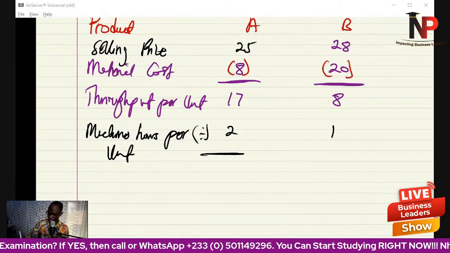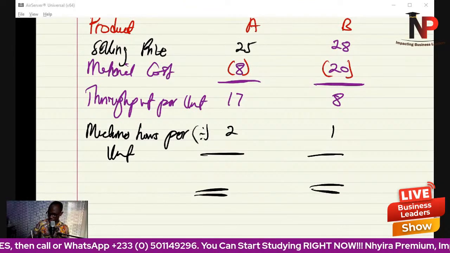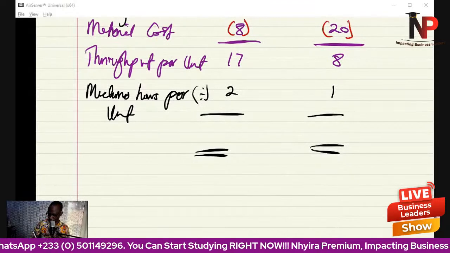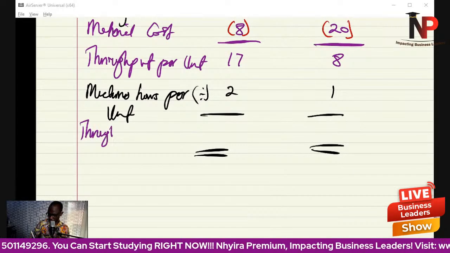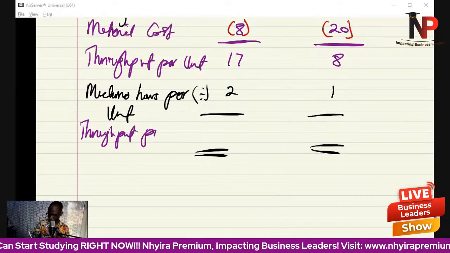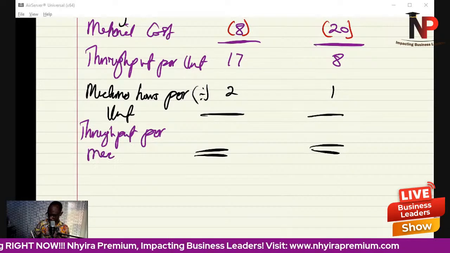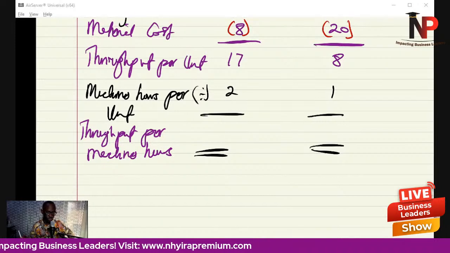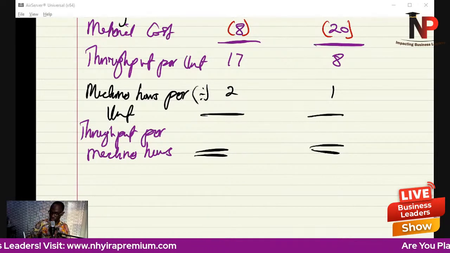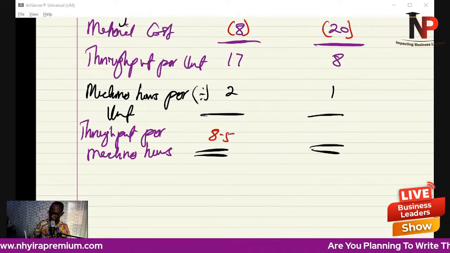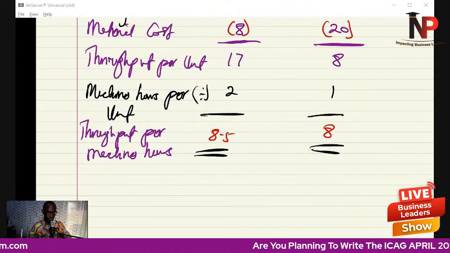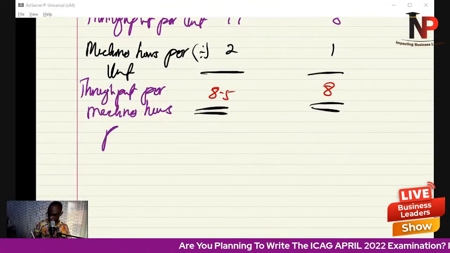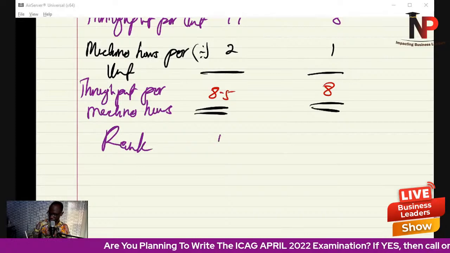We divide, and that gives us the throughput per machine hour. So 17 divided by 2 will be 8.5. And this will be 8. Then we rank. So this is number 1.